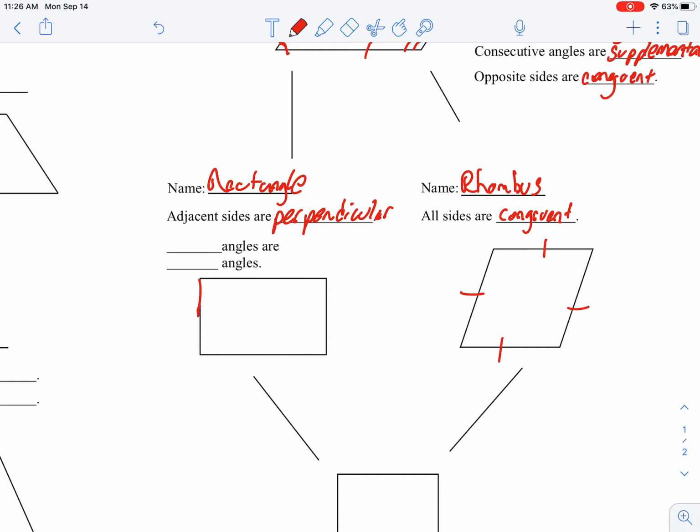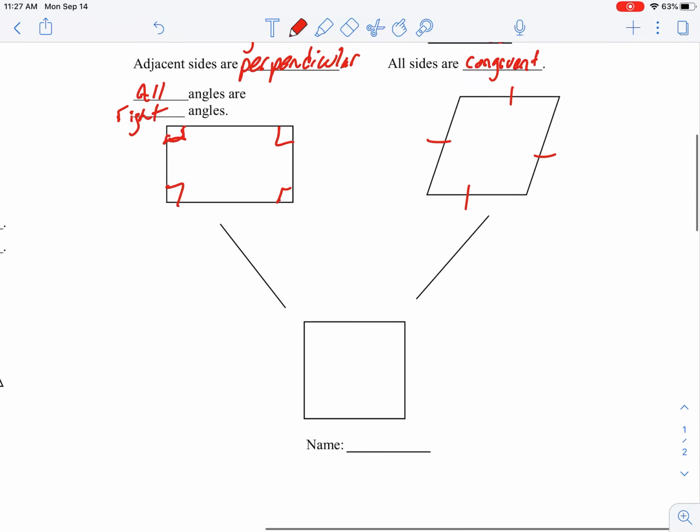Perpendicular means they intersect at right angles. So adjacent sides are perpendicular to one another, meaning we get ourselves right angles, okay? Do my best to make a right angle. All angles are right angles, okay?